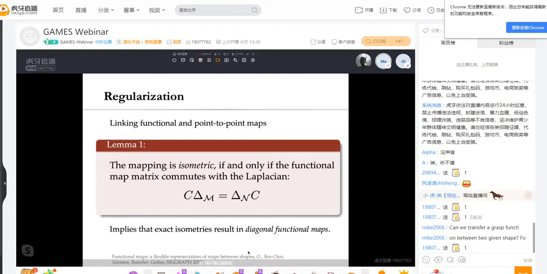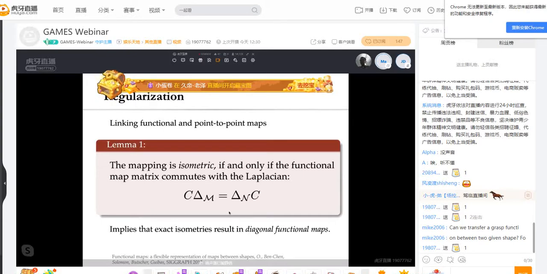What we can show is that if you have a functional map that comes from a point-to-point map, then there are many properties of point-to-point maps that you can read off, or kind of explain, in terms of these functional maps. So the first one is, for example, remember I said that we're interested in maps that preserve geodesic distances. And there's a lemma or a theorem that you can show that basically a point-to-point map preserves geodesic distances if and only if the corresponding functional map commutes with the Laplace-Beltrami operator.